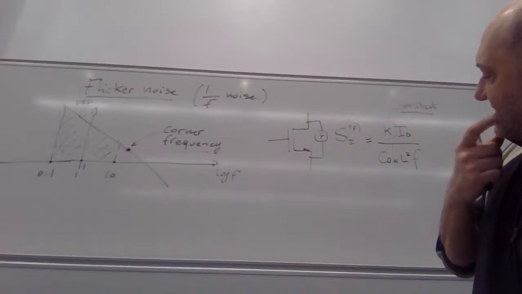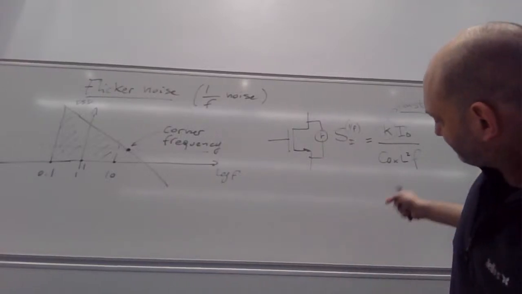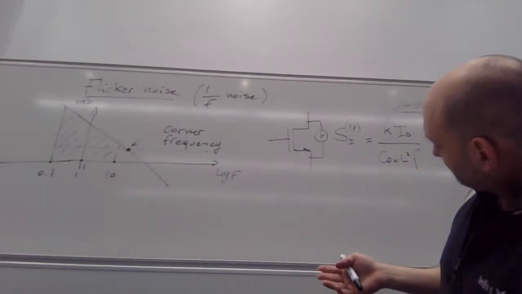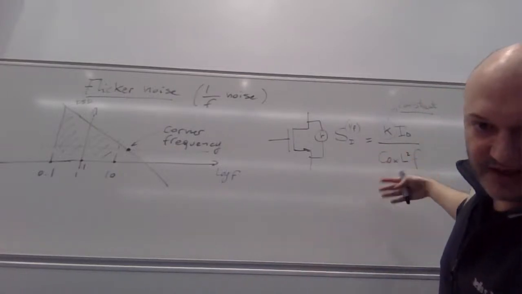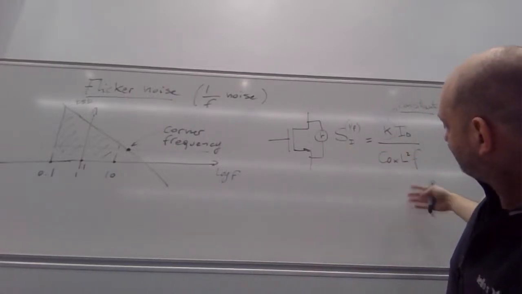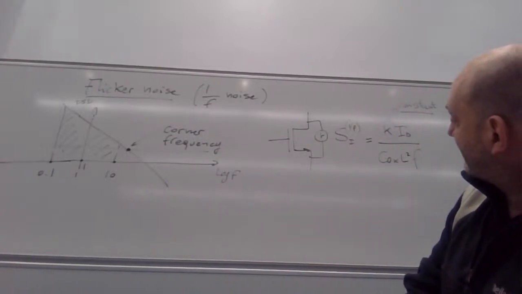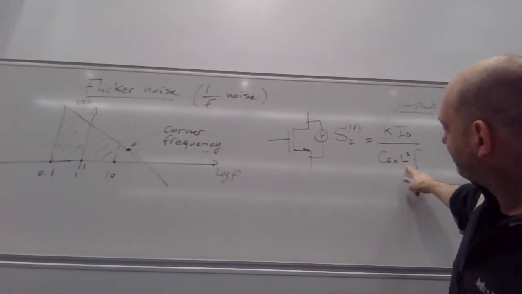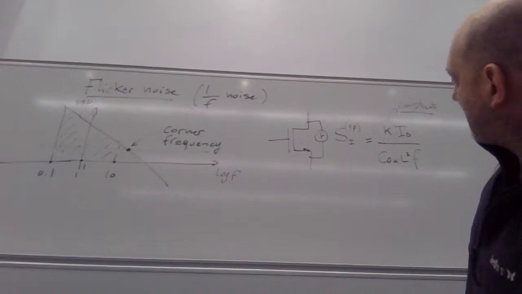And this happens more efficiently close to the pinch-off region. So the shorter the channel is, the higher the field is at the pinch-off region, and this will give you more trapping and release of electrons, which will result in bigger noise. Okay, so that's the reason why we got the channel length there.